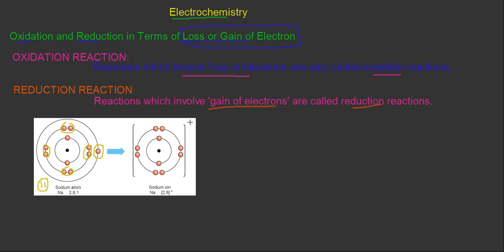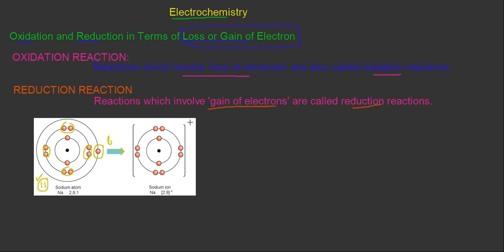So when sodium is in the atomic state, it has atomic number 11 and 11 electrons. But after the loss of an electron, when it loses one of its electrons, you can see that the valence shell has vanished. The valence shell electron has been lost.